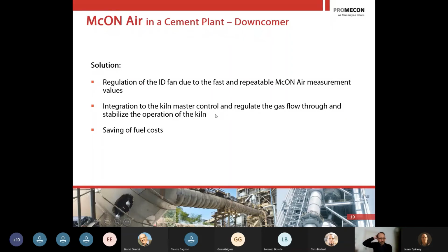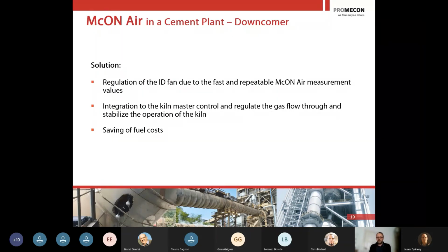The solution is to control the ID fan on the fast and repeatable Mechon Air measurement values, with integration into the kiln master control. One of our biggest clients is Lafarge-Holcim, which has its own master control for their plants, and every time they install to their plants, they use our measurement to get a highly repeatable and reliable measurement of the flow through the downcomer.